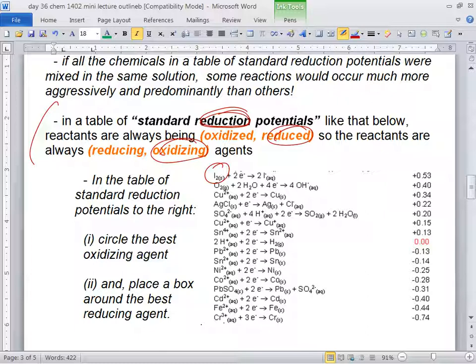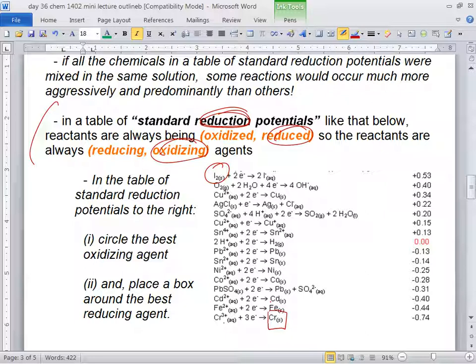Chromium solid. Because there's chromium 3 and all those, right? But hang on, it's negative 0.74. I thought we said the most positive. If you want to write this half reaction for chromium, remember, you have to flip it, but then what do you do to the sign? You flip the sign. So don't forget that.